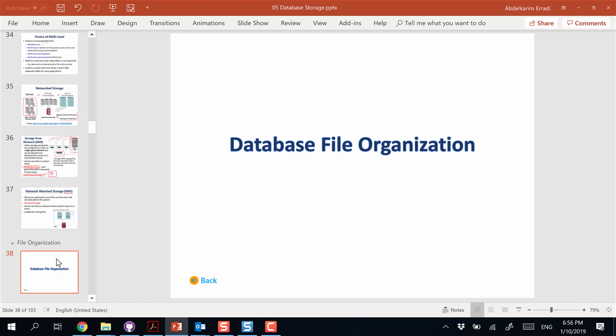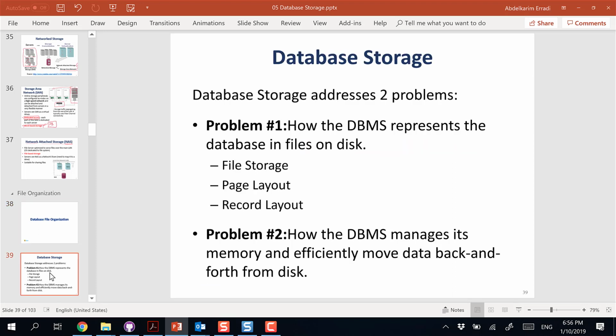That's what this discussion will try to highlight. When it comes to database storage, or the storage engine, it addresses two problems. One is how do we represent the data physically on disk?